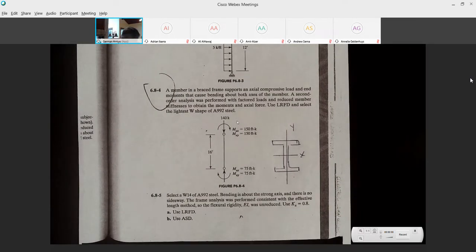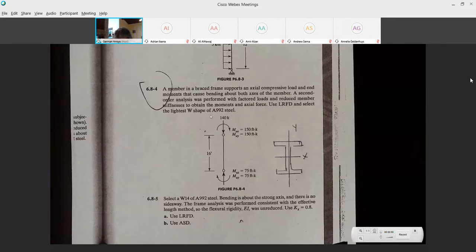Like I mentioned before, this is P U. You don't need to put the number at the bottom, because this is the same load, 140 at the top, 140 at the bottom. This in here, the 16, is KLY, KLX, and L sub B. And this is a pin, so the value of K for the column is 1. So this is KLY, KLX, and L sub B.